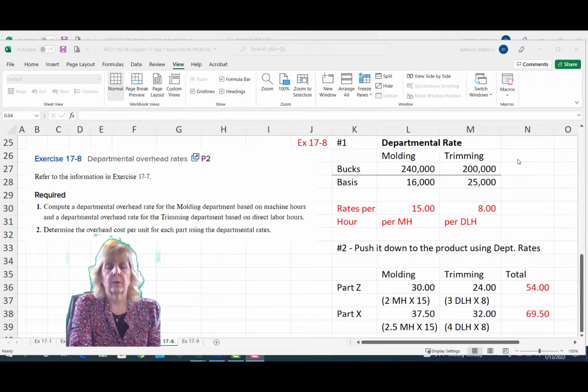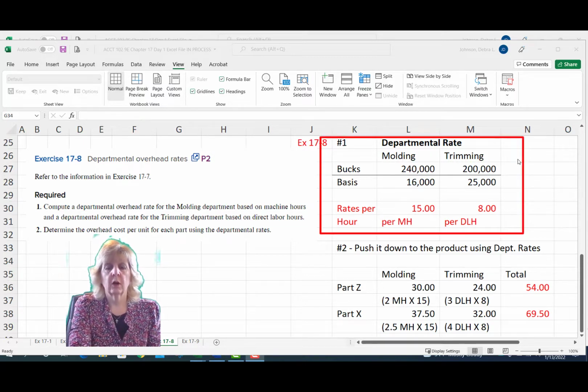The molding department had overhead of $240,000 budgeted for it, and it determined that machine hours was the best way to push the cost down. The trimming department, on the other hand, had $200,000 in budgeted overhead costs, but decided that they would use direct labor hours. And so you see the two bucks over basis calculations, and you see the answers.